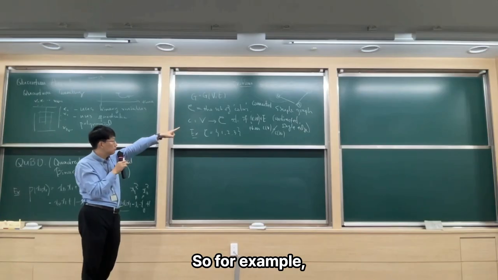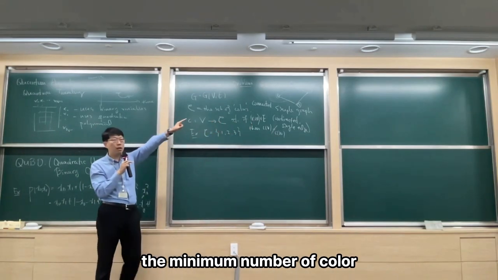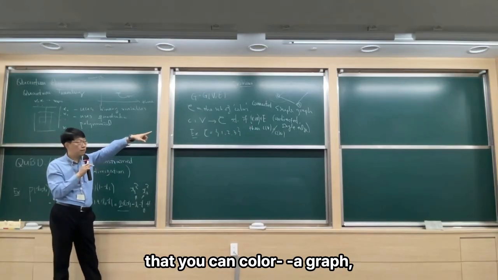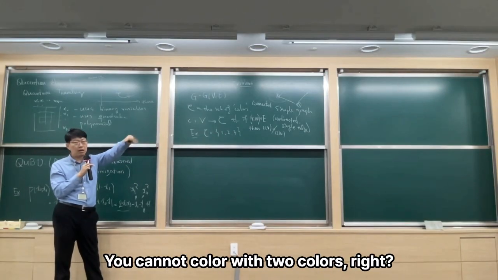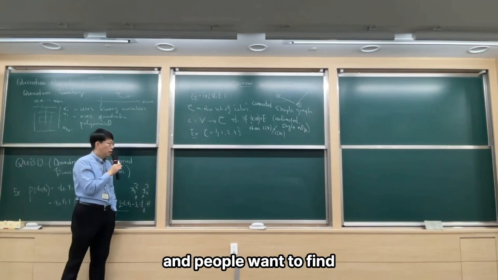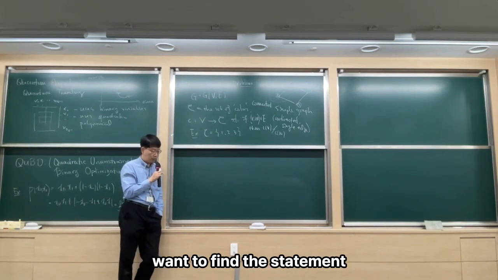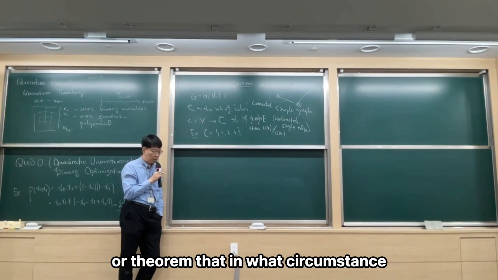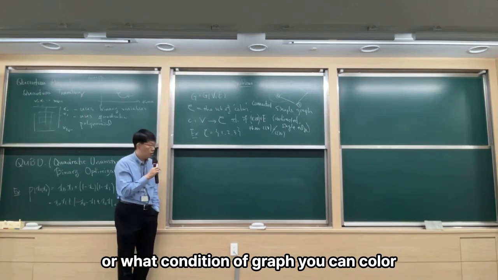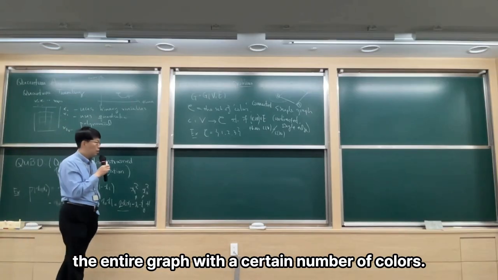For example, for a graph like that, the minimum number of colors is 3. You cannot color it with 2 colors. It's called the chromatic number, and people want to find the minimum number of colors, and also the theorem stating under what condition of a graph you can color the entire graph with a certain number of colors.